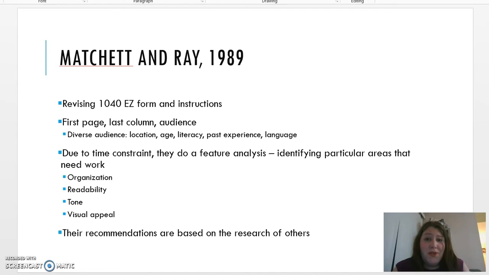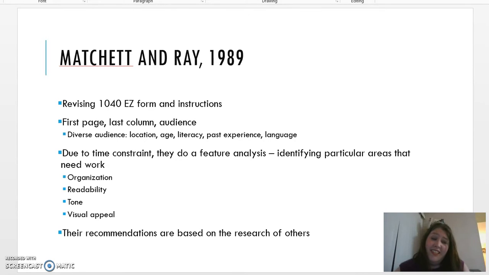And then now, due to a time constraint, Matchett and Ray can't complete a full usability study. So their recommendations in this case study are actually based on research of others. So they end up doing a feature analysis and they put together 4 key areas that they want to focus on. So that's organization, readability, tone, and visual appearance.